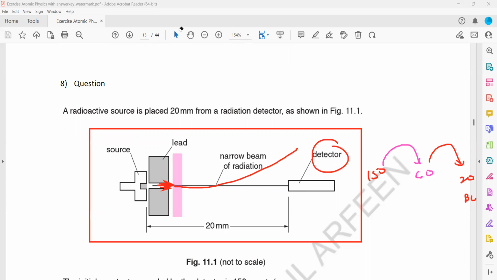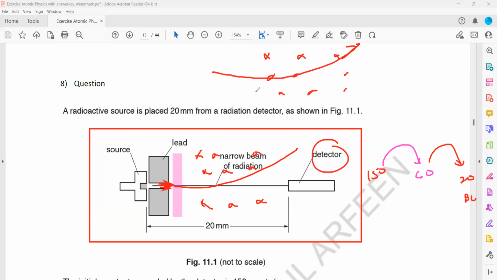So we can say there was also beta. Because if beta was not there, then the count should not change. When we apply the magnetic field perpendicular, shown by a cross or dot, it means the magnetic field is perpendicular to the direction of motion of the particle.